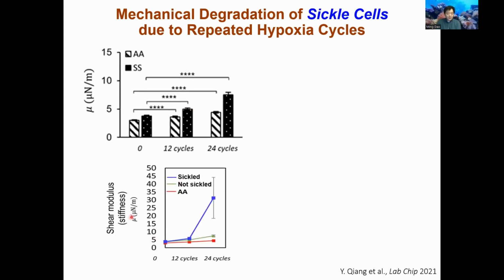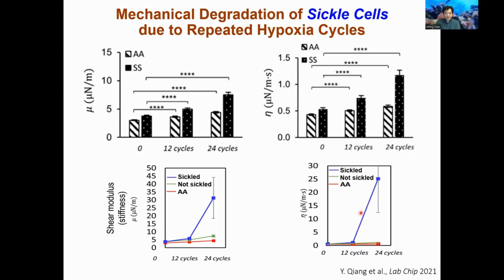And one interesting observation is that because we have a single cell assay, you can divide them into the cells that actually sickled and the cells not sickled. These are from sickle cell patients. You can see that the sickled cells really degrade very fast, but those that actually not sickled, they don't degrade that fast. So this is why it is important to use anti-sickling drug to control the sickling.